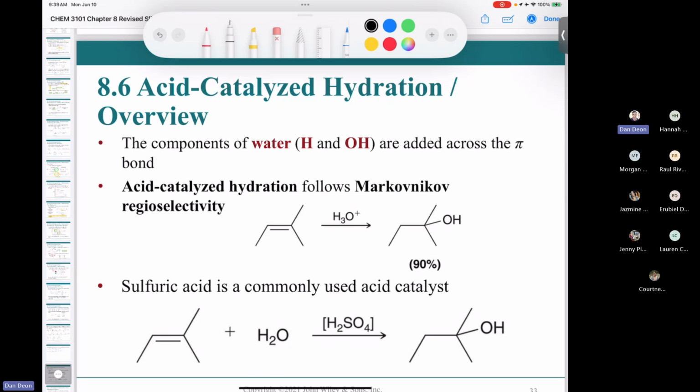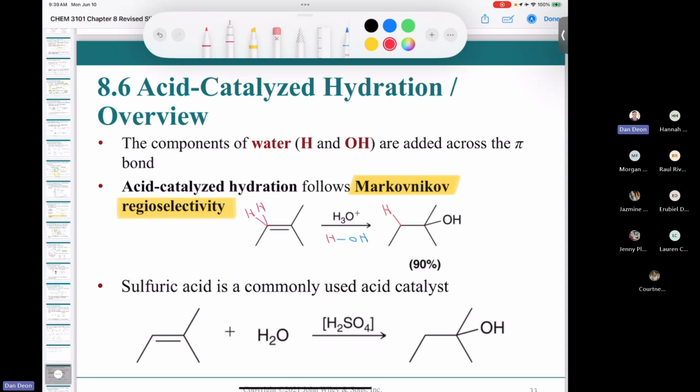So what we're going to cover next is what happens when we add water across a double bond. And what you're going to see is that it's going to follow the same old Markovnikov regioselectivity. The rich are going to get richer, right? If we're adding H2O, which consists of a hydrogen and a hydroxyl, that's the way you can think of water if you want to, you see that the hydrogen goes on the carbon that was already richest in hydrogens.